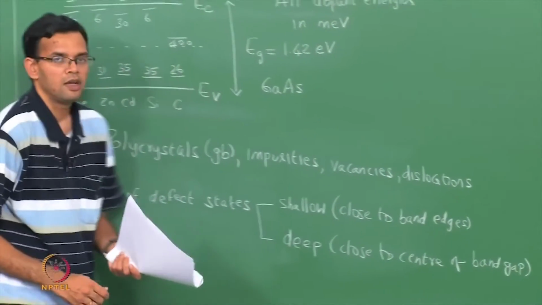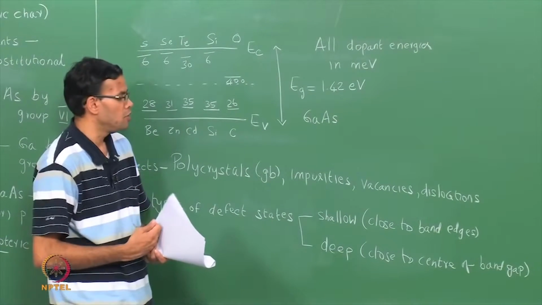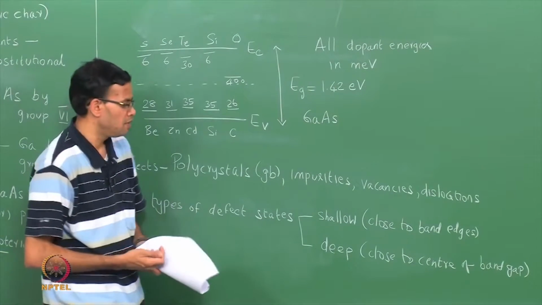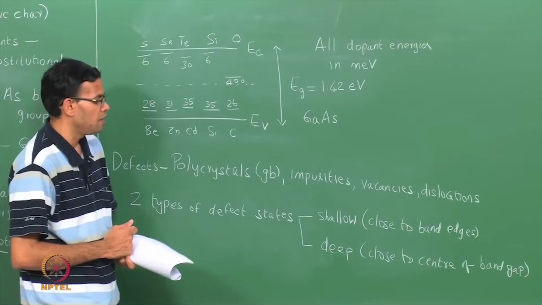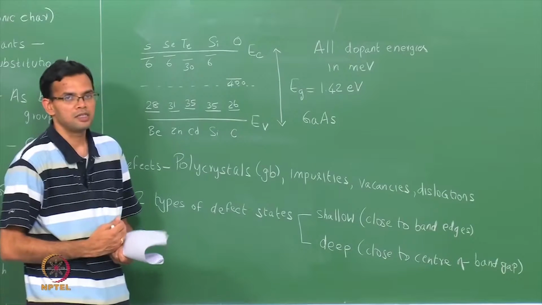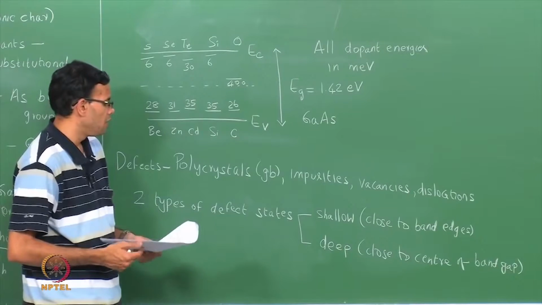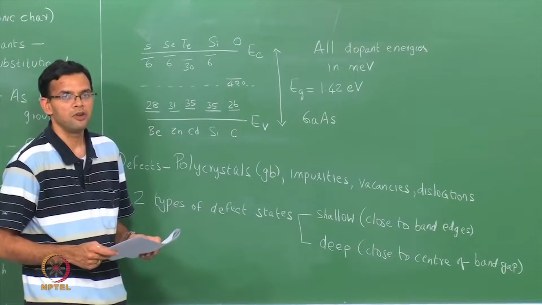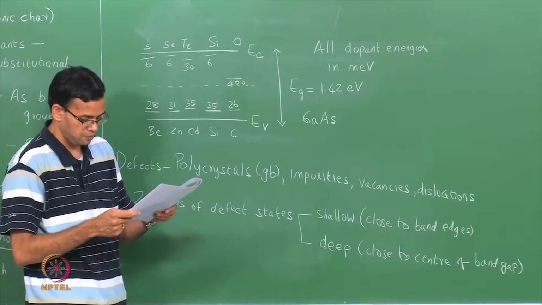Deep states can essentially act as traps for electrons and holes. They could modify the conductivity, especially in the case of direct band gap semiconductors, where we are looking at optical properties. Deep states can also act as traps for these electrons and holes and then decrease the efficiency of any optical recombination. We will see defect states later when we also look at conductivity in an extrinsic semiconductor.